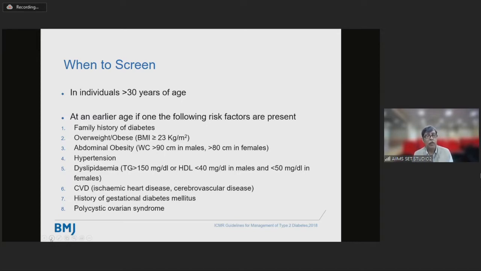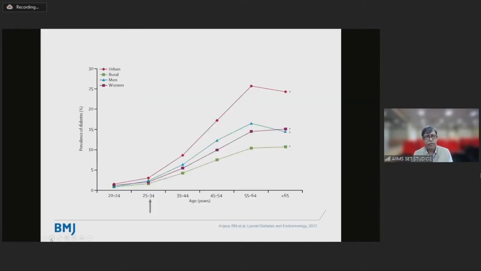And of course, polycystic ovarian syndrome, which is, again, associated. Now, none of these are really causal, but they are significant associated risk factors for diabetes.